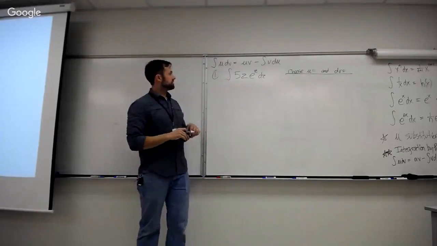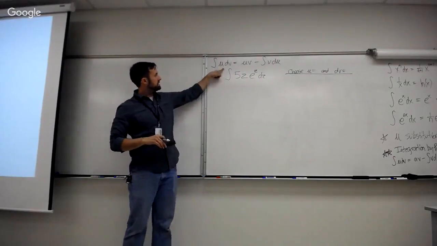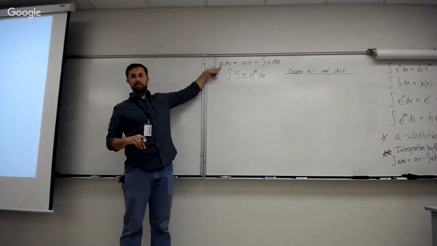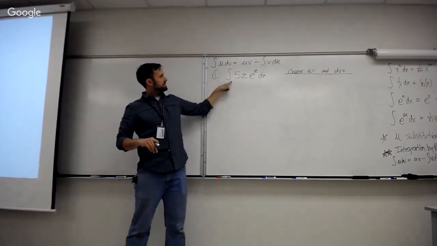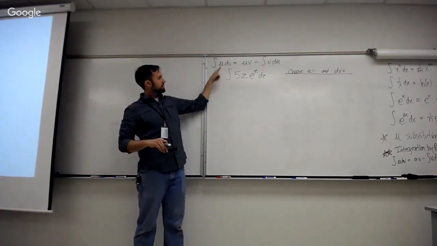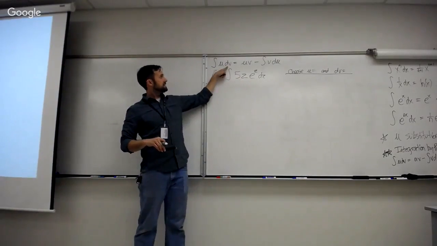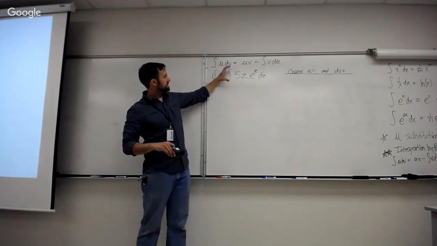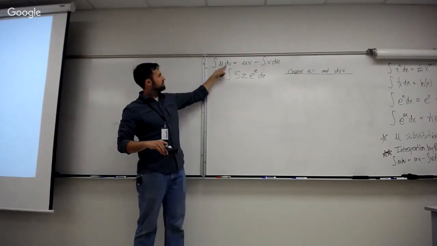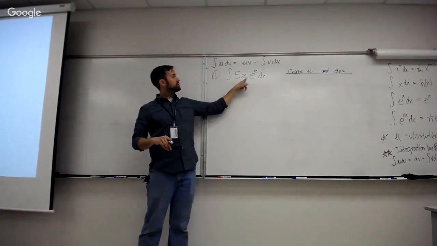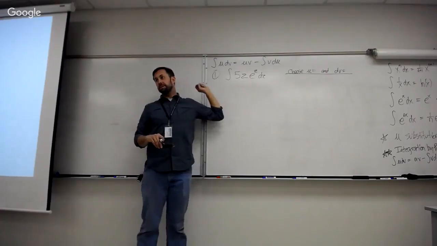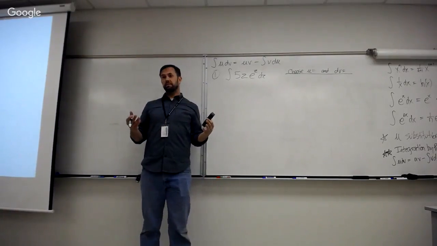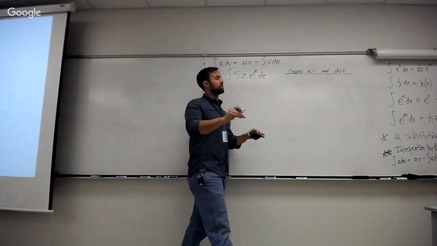We want to choose a u and a dv because what you'll notice is we want to rewrite our integral to look like this. We're going to replace some part of this with a u, and some part of this with a dv, and that's all we're going to be left with. We're going to translate this integral into the integral of u dv by making clever choices for what we want u and dv to be. So I'm going to go ahead and tell you what our choices are, just so we can do the integral once and see how it works.